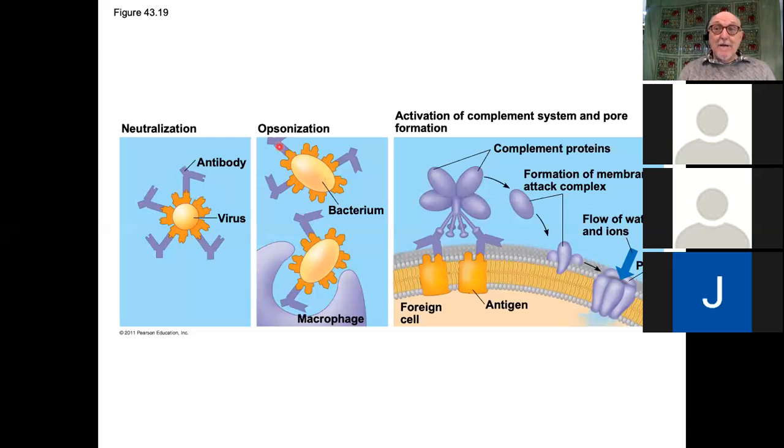But when antibody binds them like this, they become extremely visible. And once they have this antibody bound like this, macrophages will actively chase them down and eat them. So will neutrophils, by the way. So this is the process of opsonization. Opsonization makes things much more visible and much easier for cells like macrophages to eat them.